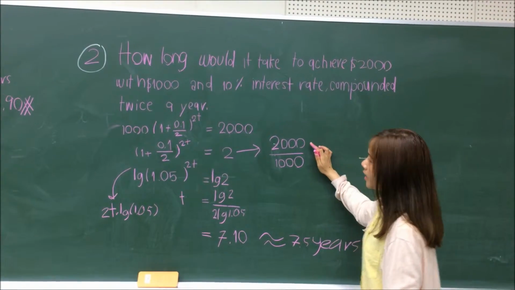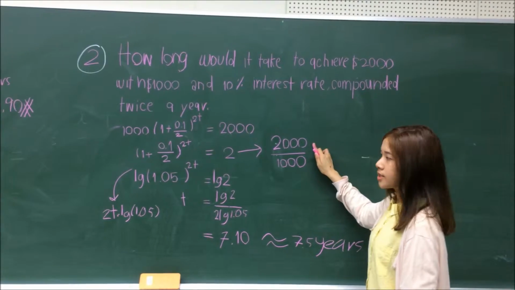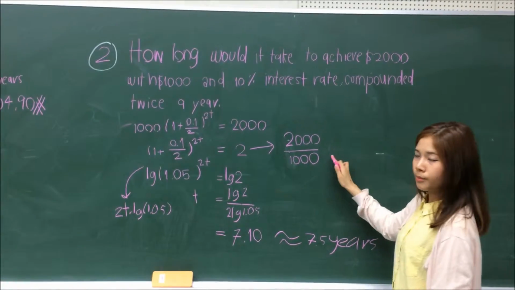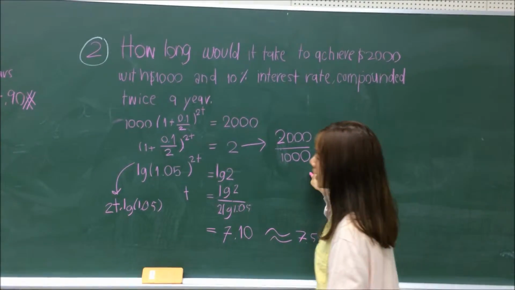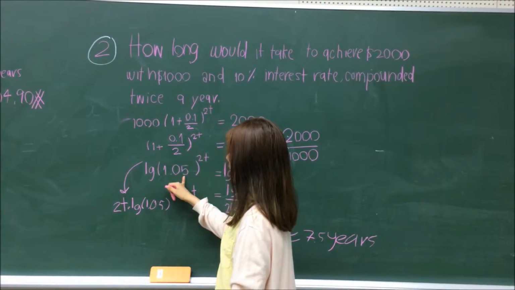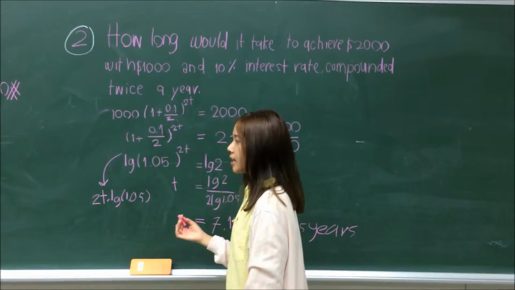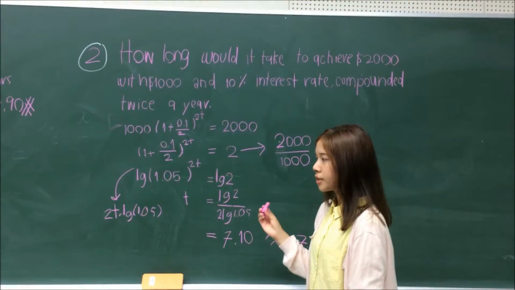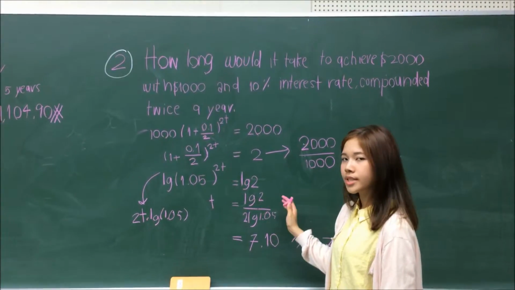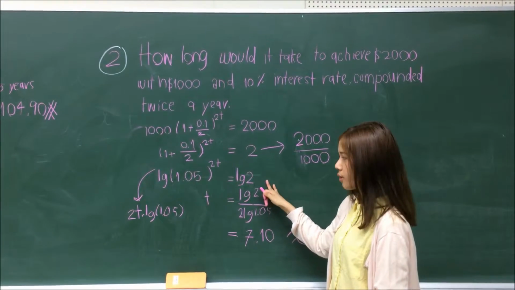2,000 is divided by 1,000. In this one, we use log to solve the problem, or if you're more comfortable using log, you can use it to solve this problem.